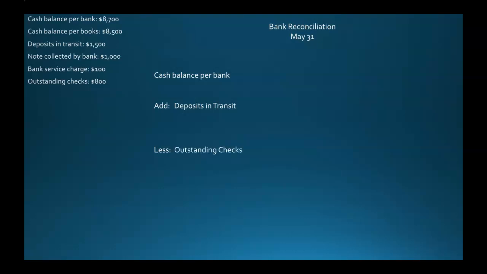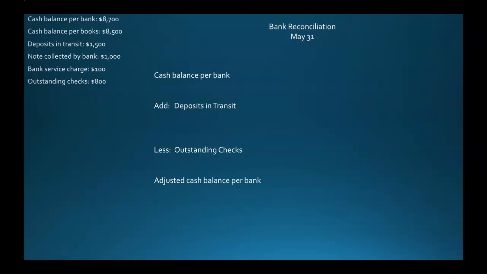Instead, we subtract out outstanding checks because the bank doesn't know that you've written a check. If you write a check right now, you know that you wrote that check. The people at the bank have no idea. So we have to subtract out those outstanding checks. And then when we add in deposits in transit and subtract outstanding checks, we will be able to find our new adjusted cash balance per bank.